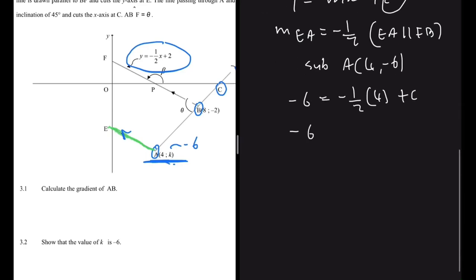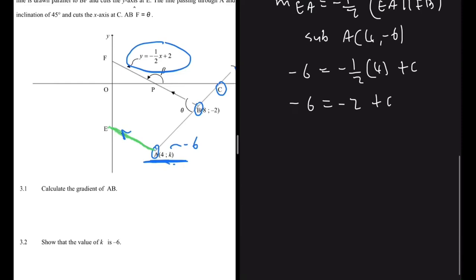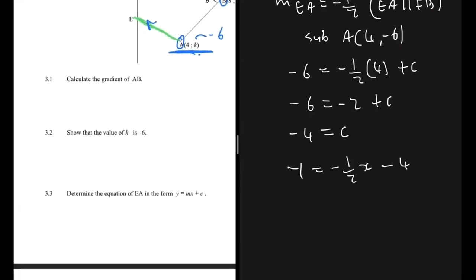So we have minus 6 is equal to minus half of 4, that is minus 2, plus c. So we take minus 2 to the other side, we get minus 4 is equal to c. So our equation becomes y is equal to minus a half x minus 4, right? Because we just figured out that c is minus 4, and we have our equation for EA.